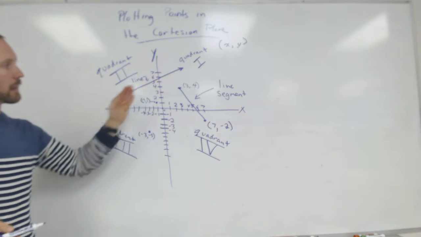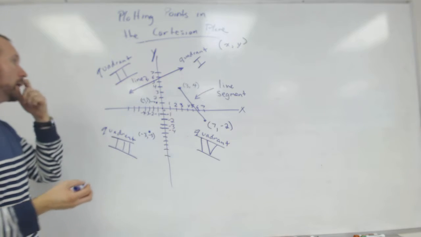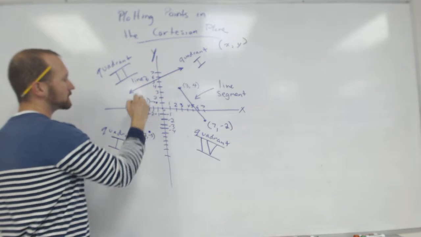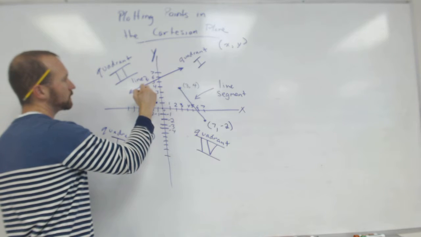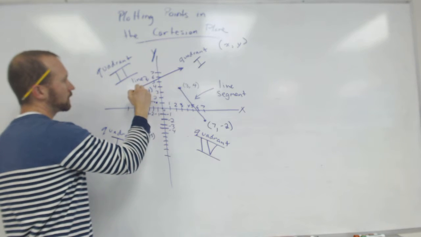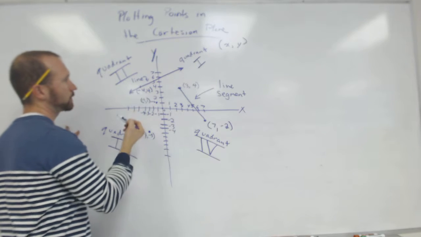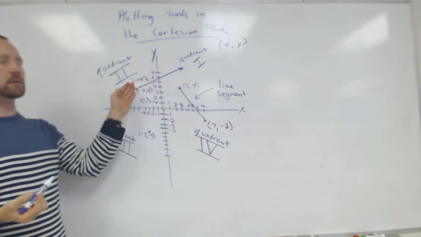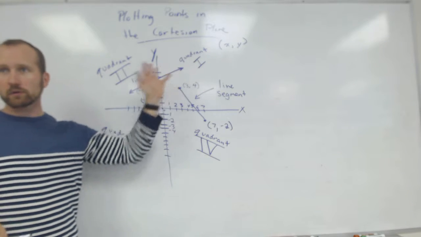So a line segment has endpoints, whereas a line, there are points on this line. For example, the point -4, +4 looks like it would be on this line. But there's no end point to the line. It goes on forever in both directions.